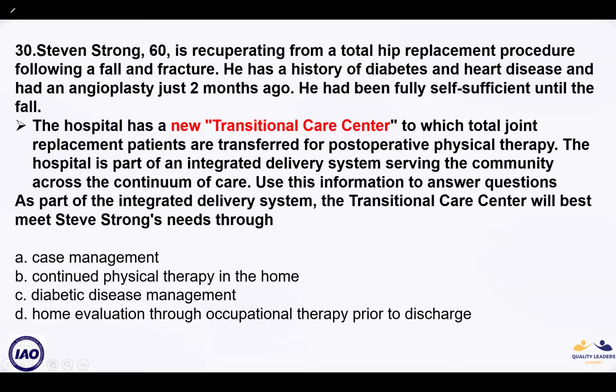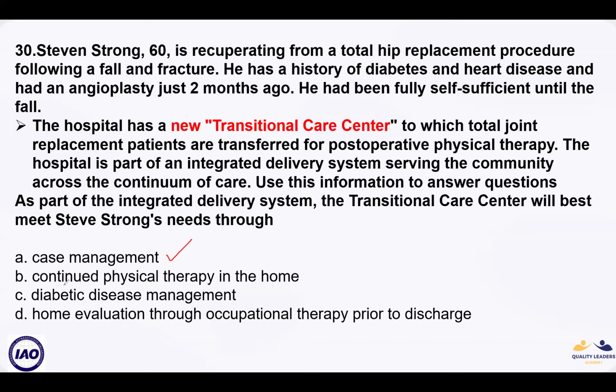Option A, case management. Remember, case management, case manager coordinates all a patient needs across the full continuum of care. It looks after cardiac, his diabetic issues, his rehab, then at home preparation. So it matches the integrated delivery system's purpose.